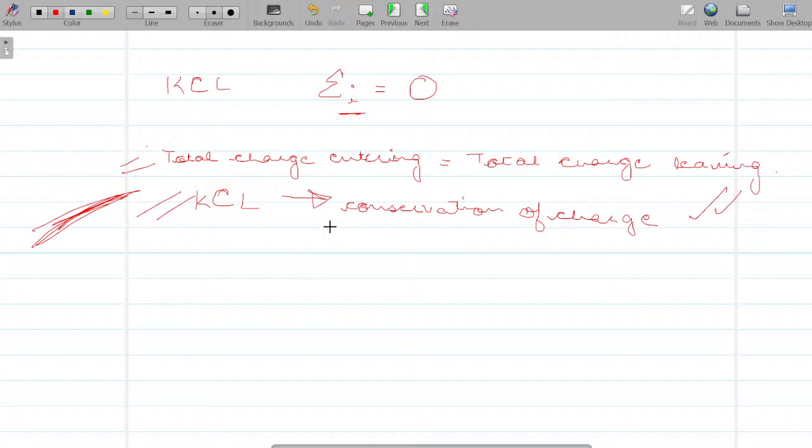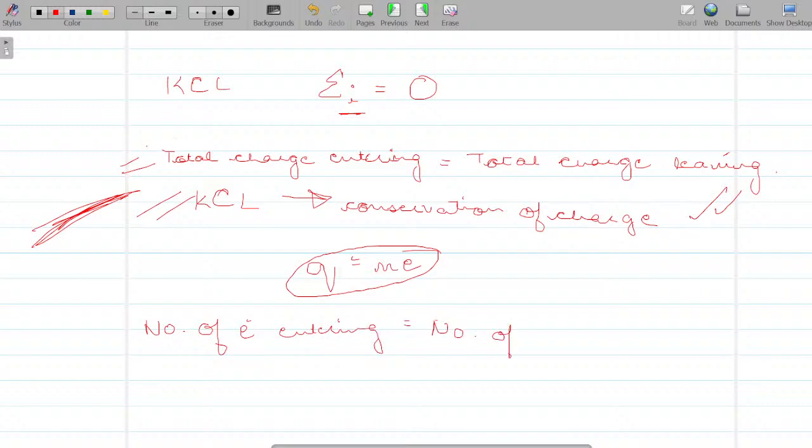Again, what is charge? Charge is equal to n times the number of electrons, right? So tell me, can I write the number of electrons entering would also be equal to the number of electrons leaving?